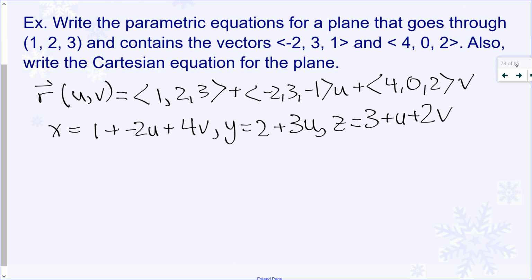Yeah, and the cross product of two vectors in the plane gives you the what of the plane? The normal. Yep. So if you know the normal is ABC, then A, B, C are the coefficients of the Cartesian equation of the plane. So let's do it.